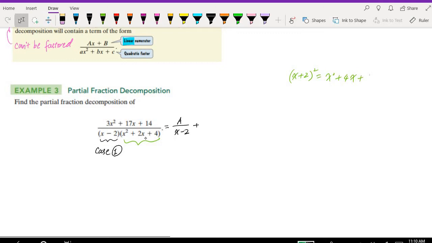They're different, because that would be x squared plus 4x, but we have x squared plus 2x. So in fact we can't factor it, and we also don't have a power outside the parentheses. That means it satisfies case 3, which we just learned.